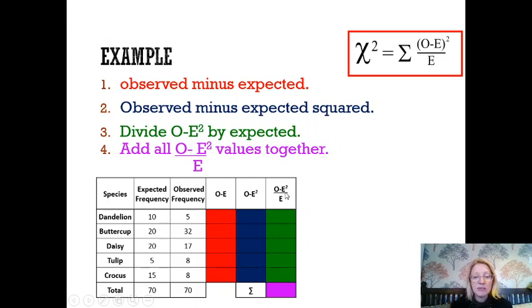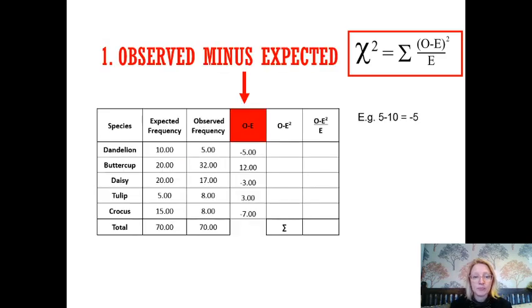And then it's observed minus expected squared divided by expected, and I've colour-coded that in green. And then finally adding all of those together, and I've colour-coded that in purple, so that's step four. So this is a really useful thing to remember what is in each of those columns.